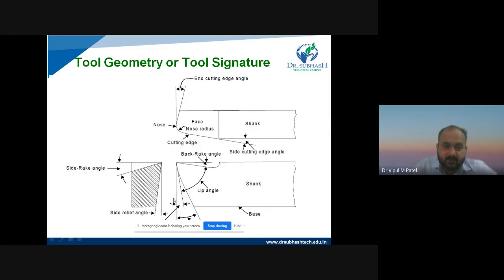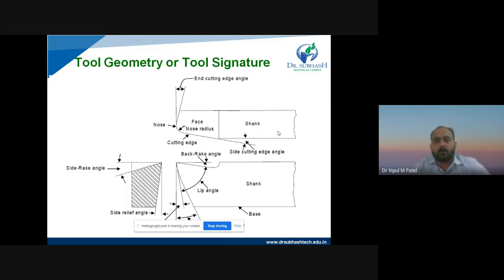These are the different angles you can see, like side relief angle and side rake angle. Understand, all of you? So these are all the important areas of the single point cutting tool, and it is known as tool geometry, or tool signature, or tool designation.